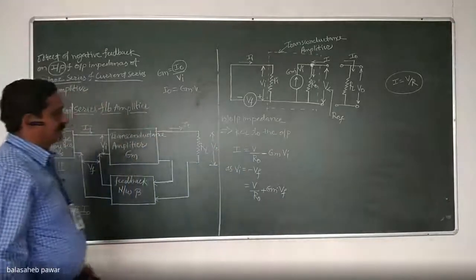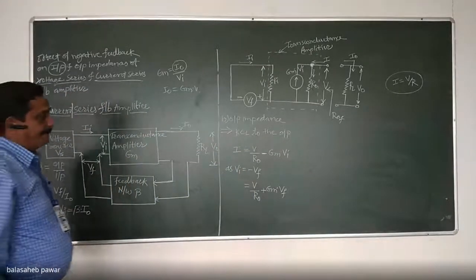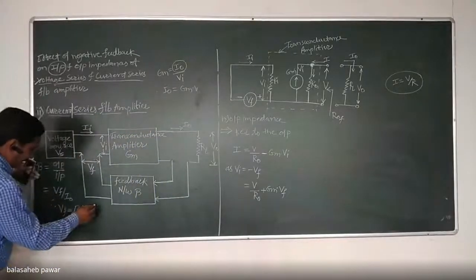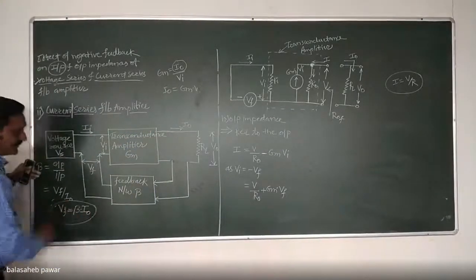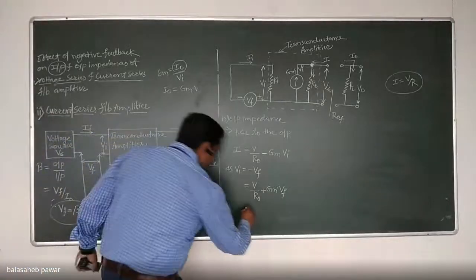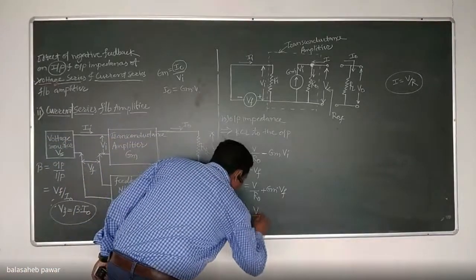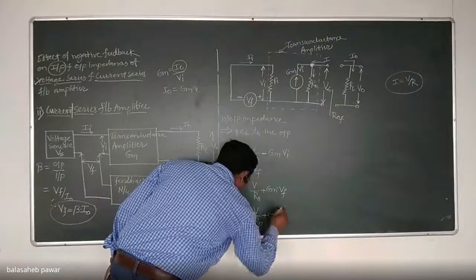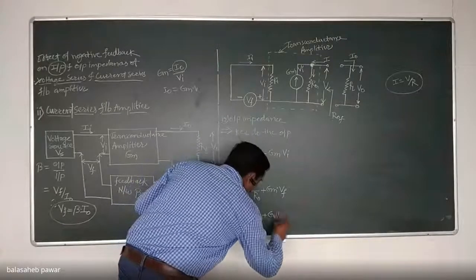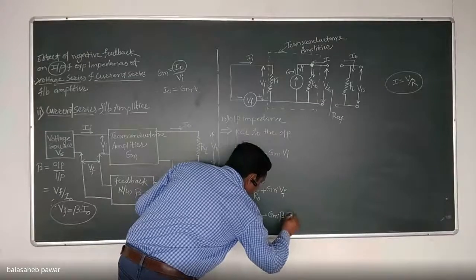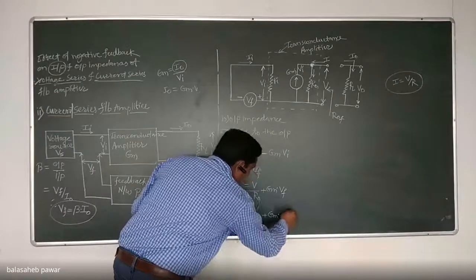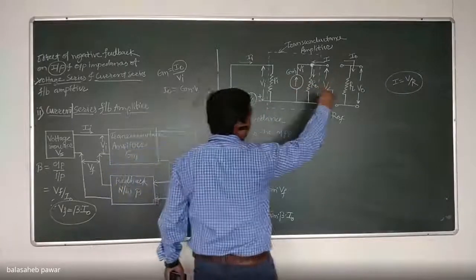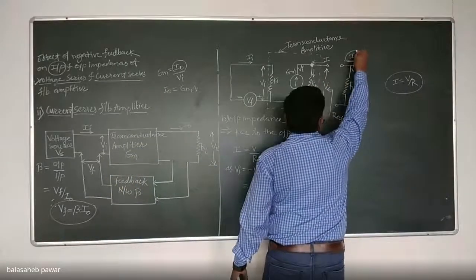Now, what is VF? VF was beta times IO. Correct? So I will write as it is: equals V by RO plus GM into beta times IO. Now remember, at this stage, looking towards this equivalent, this is nothing but IO and this is nothing but our considered I.